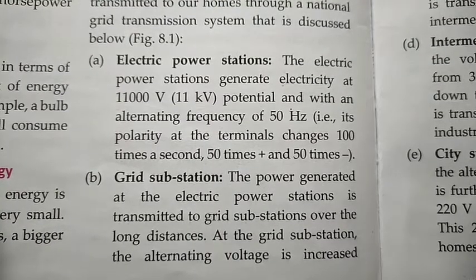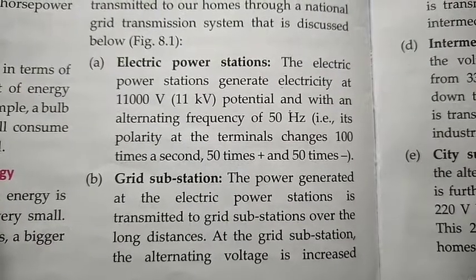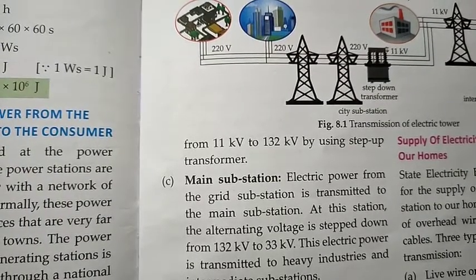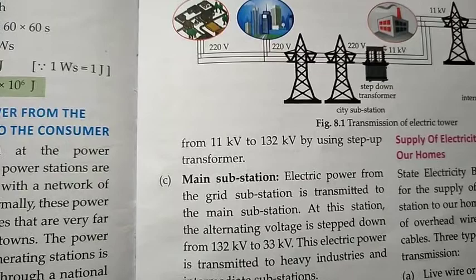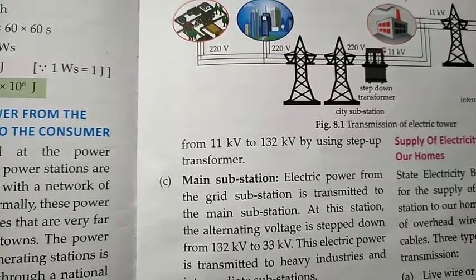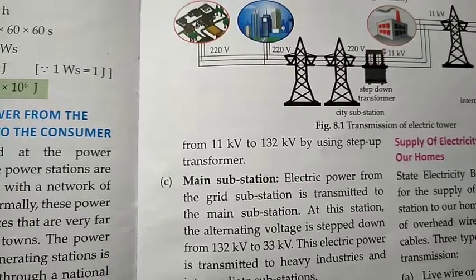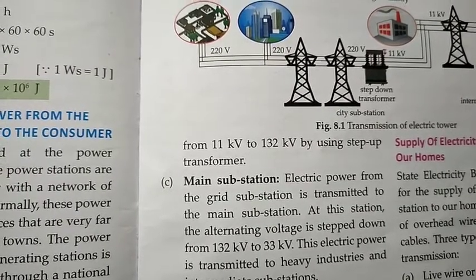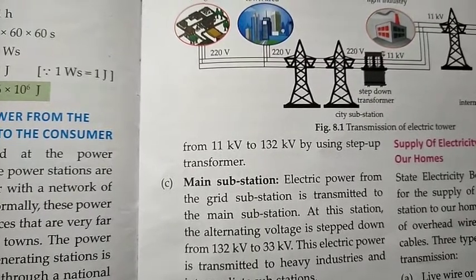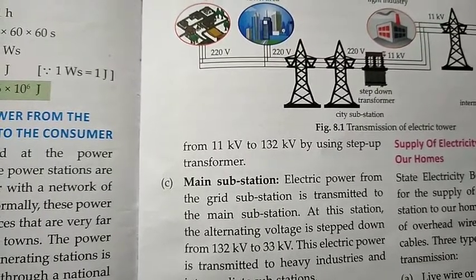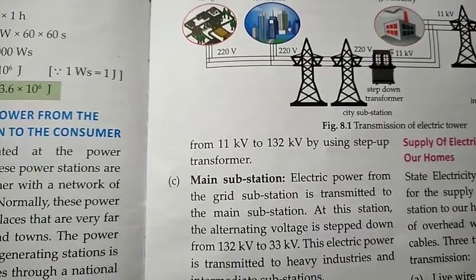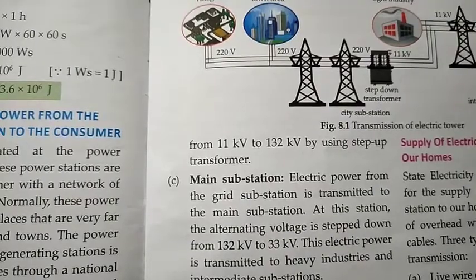At the grid substation, the alternating voltage is increased from 11 kilovolt to 132 kilovolt by using step-up transformer.